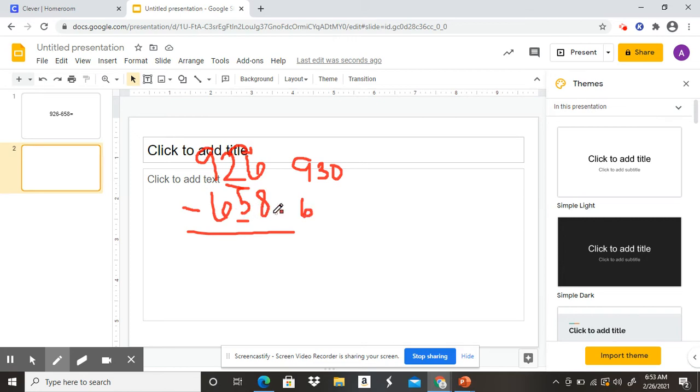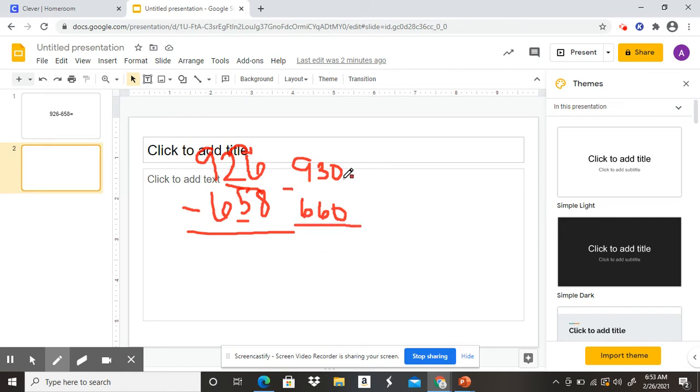So 658 falls between what two tens? It falls between 650 and 660. So I look next door to the 8, and since the 8 is 5 or higher, it bumps that 5 up to a 6, so it rounds up to 660, okay?